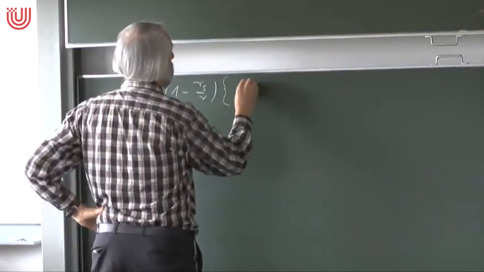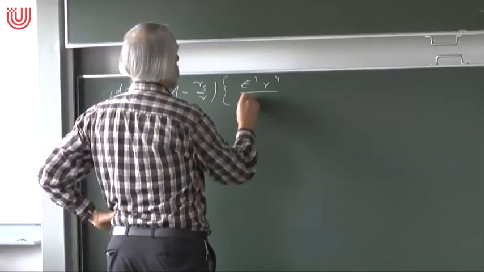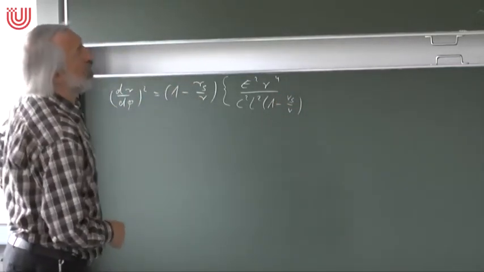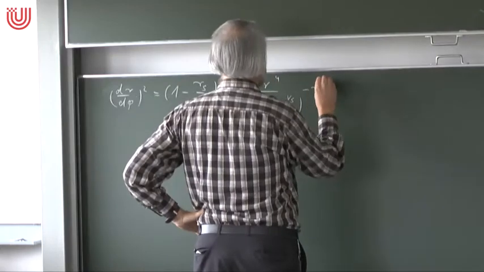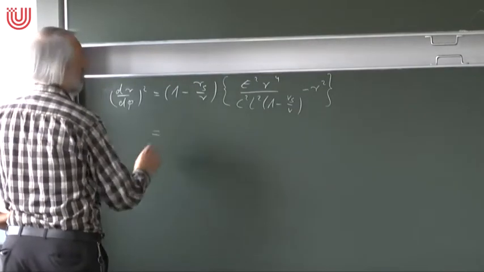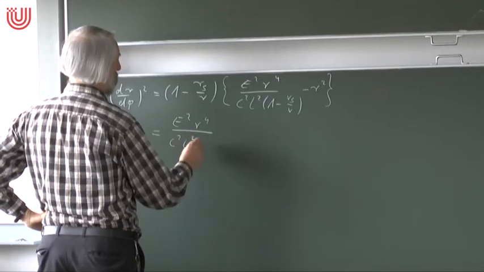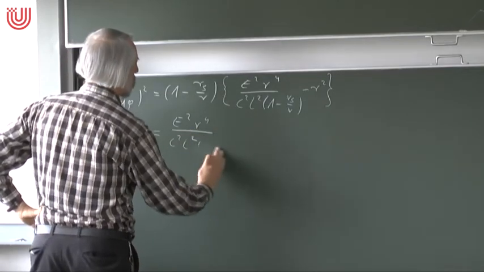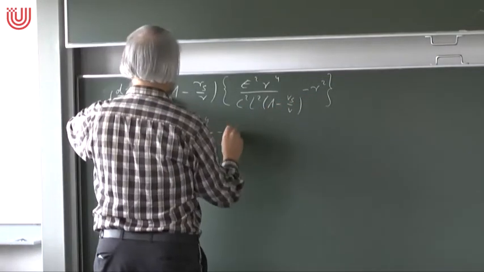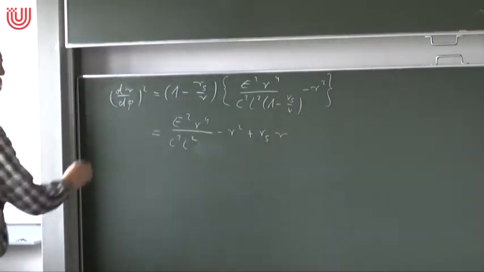E squared r to the 4 divided by c squared L squared times 1 minus r_s over r, and then minus r squared. Okay, and I think I multiply this out, and I get E squared r to the 4 over c squared L squared. Oh no, this cancels. This cancels. And then I have minus r squared plus r_s r. And that's my orbit equation.